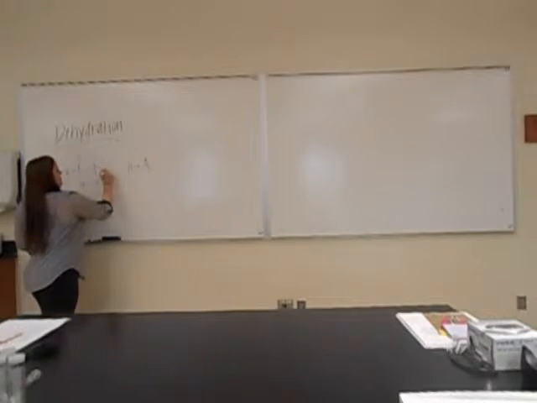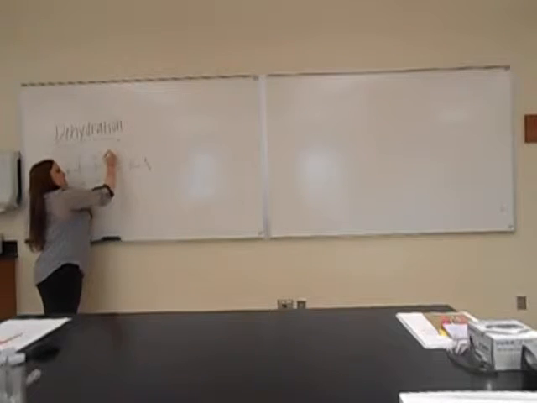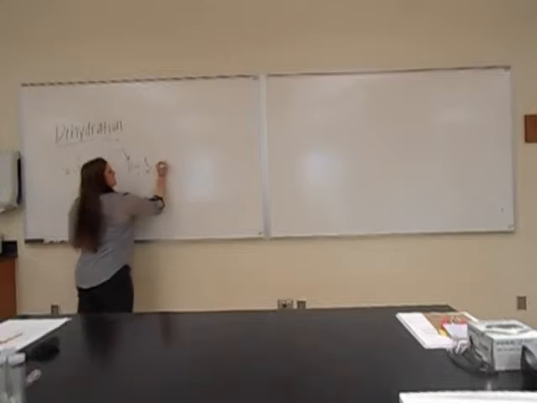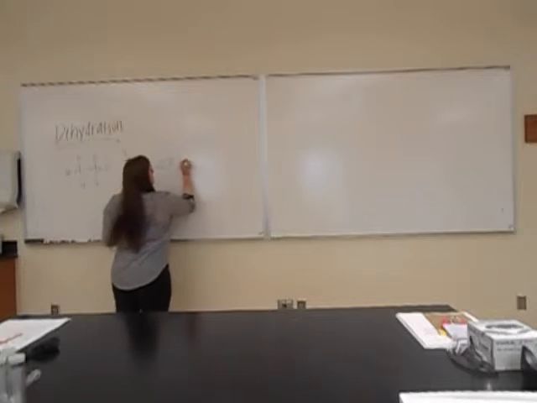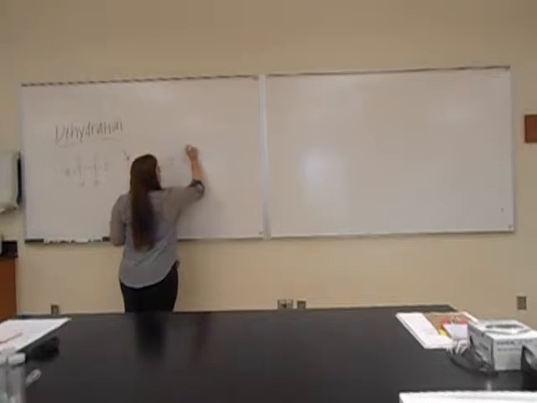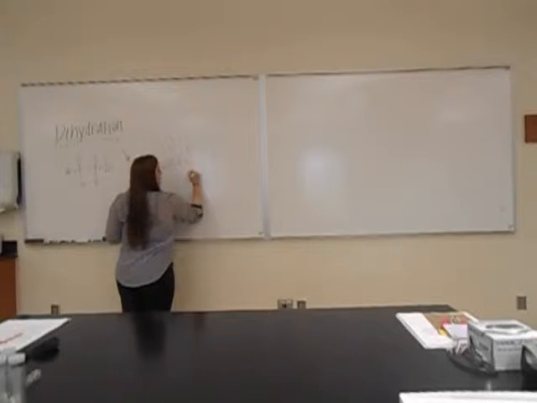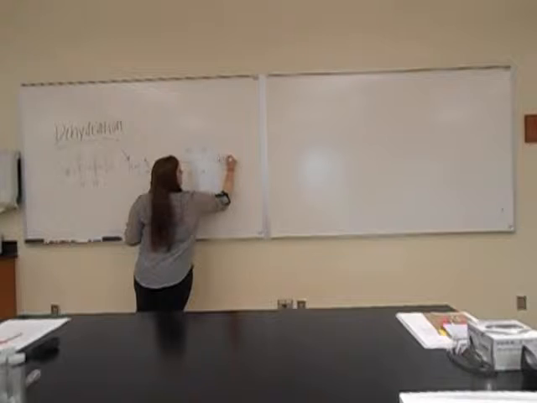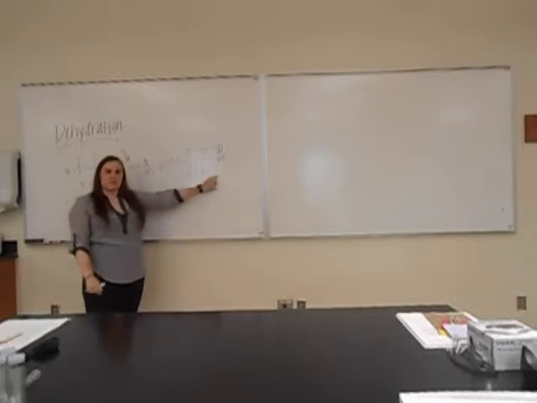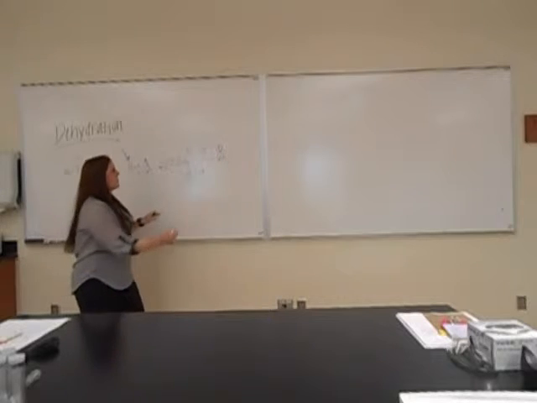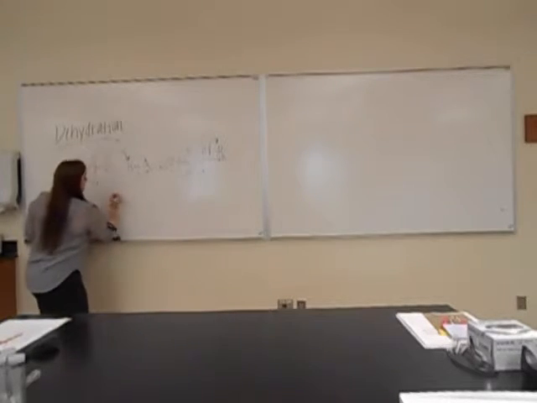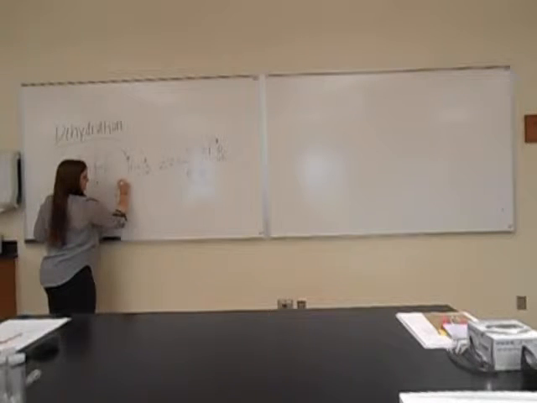And then this oxygen will grab this hydrogen and put those electrons onto this to form this. Now that this has a positive charge, it is a good leaving group, so this will leave, and then it will form this carbocation.